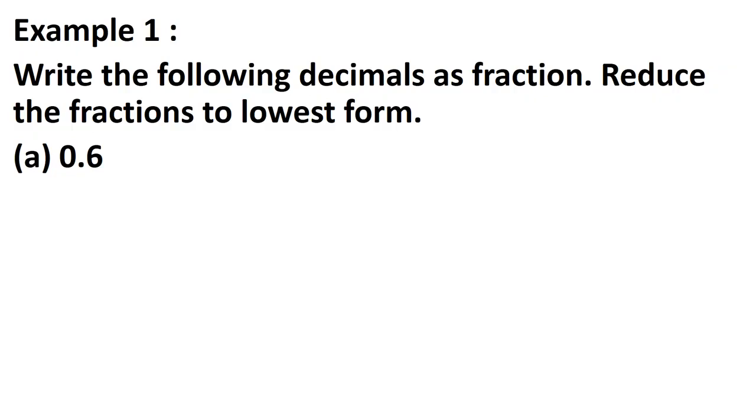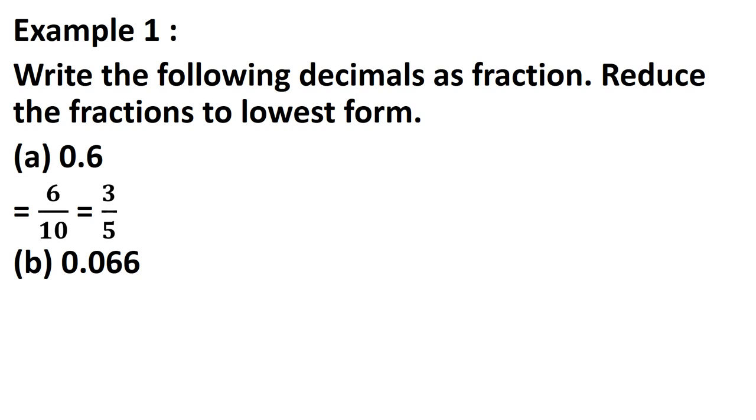First is 0.6. You have to first of all change it into a fraction. Remove the decimal. After the decimal there is 1 place, so 1 zero will come in the denominator. It is 6 upon 10. Now cut it by 2. 2 3s are 6. 2 5s are 10. So it is equal to 3 upon 5.